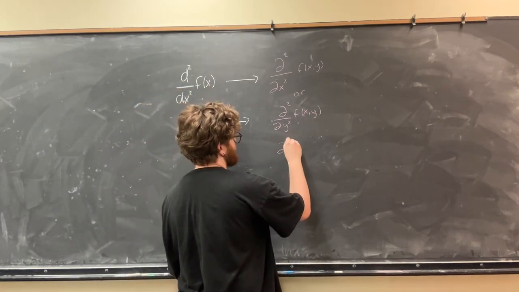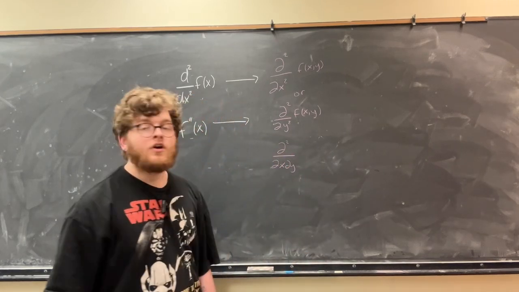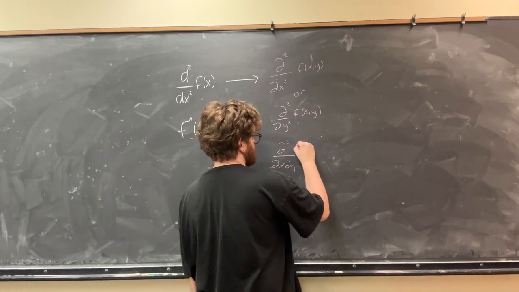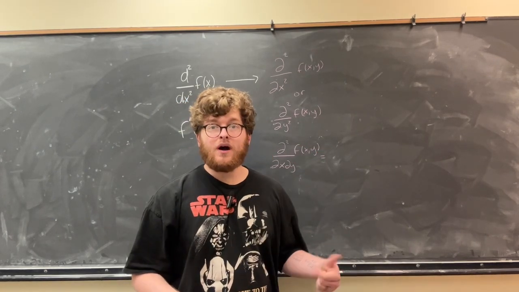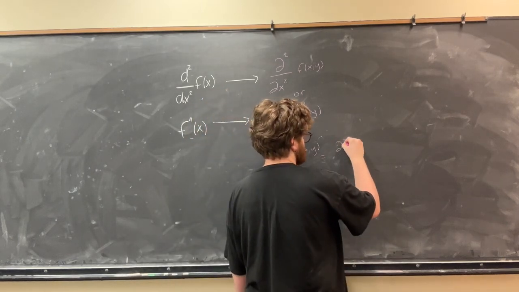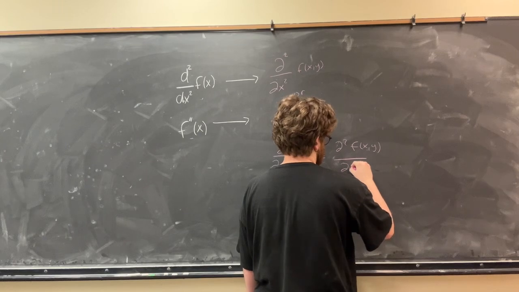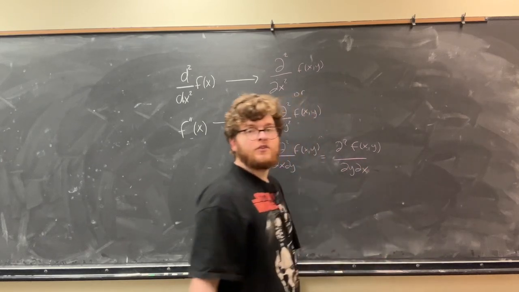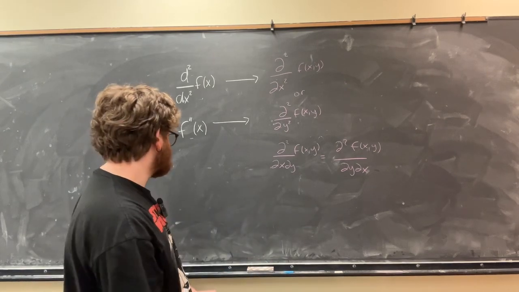So we could get the partial with respect to both x and y. One thing that we'll see is that this is the same thing as if we were to go y and then x. So it doesn't matter which direction we go, we can go xy or yx.